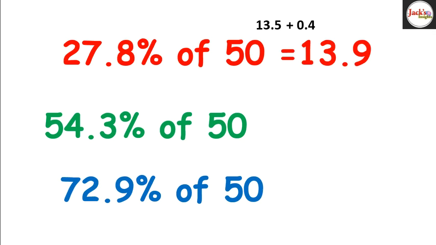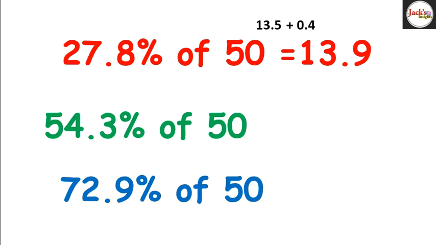54.3% of 50? Okay, what is 54.3% of 50? So another technique in getting the ratio and getting the quotient of the decimal part, consider the decimal part as a whole number in order to get the quotient easily. So 54.3% of 50.